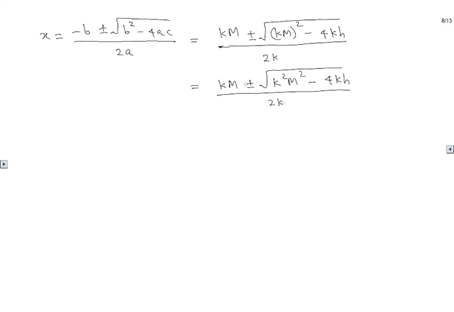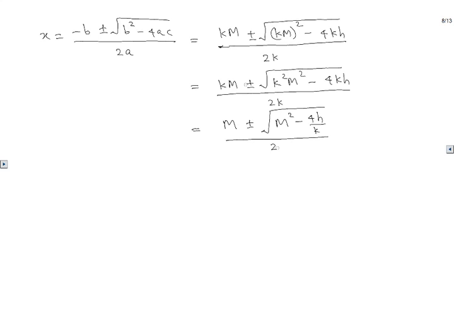If we divide by k, inside the square root you have to divide by k squared, because the square root sign cancels one of the powers. If you divide outside by k, you divide inside by k squared. So you're going to get m plus or minus the square root of m squared minus 4h over k, all over 2.